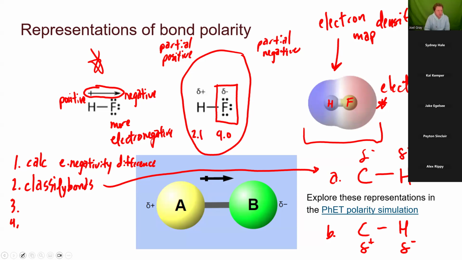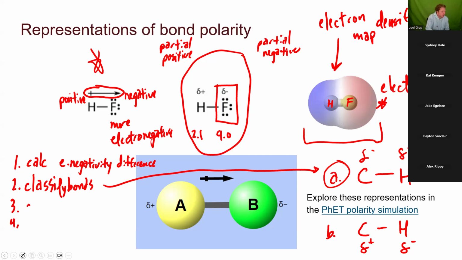So our more electronegative element gets the partial negative, and our correct answer is going to be A. I apologize for not giving you the information you needed to answer this question.